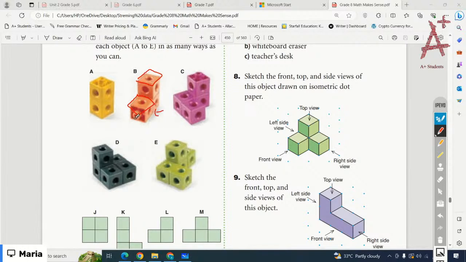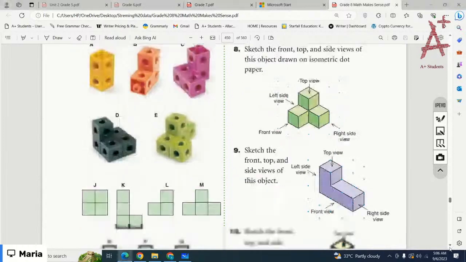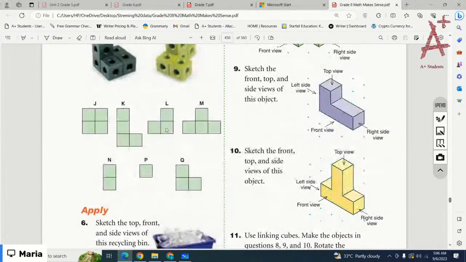And from the front, you can just see these two. So that means B is going to match with L and Q, right? L, Q, and N. N is the top view, front view, and L and Q are the right and left views, right?